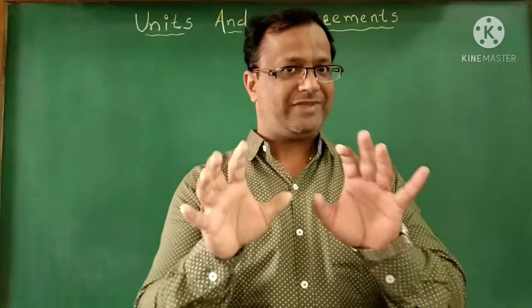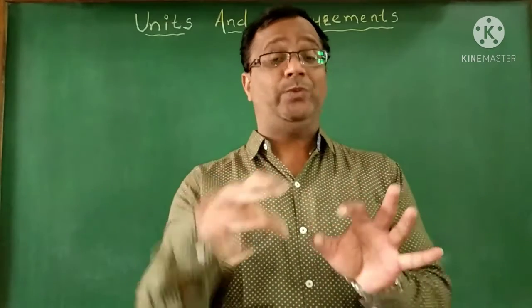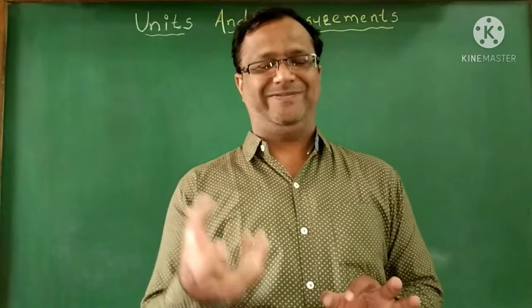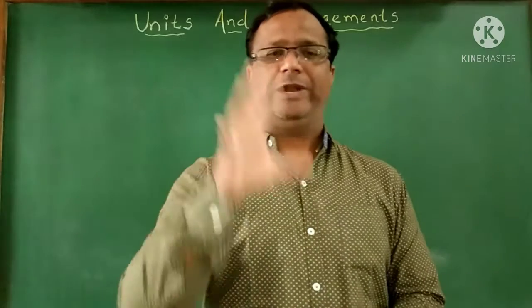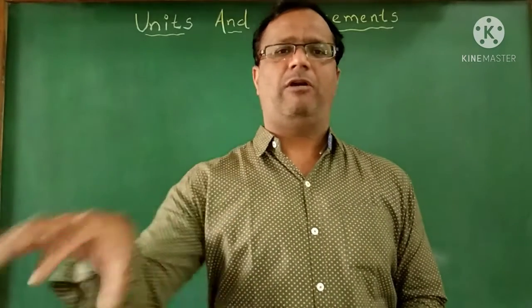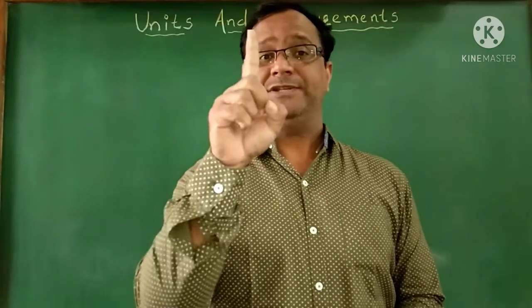Right? And in the measurement we compare that measurement with some standard, that is the unit. For example, mass of a fruit. For that we use the standard reference of 1 kg.